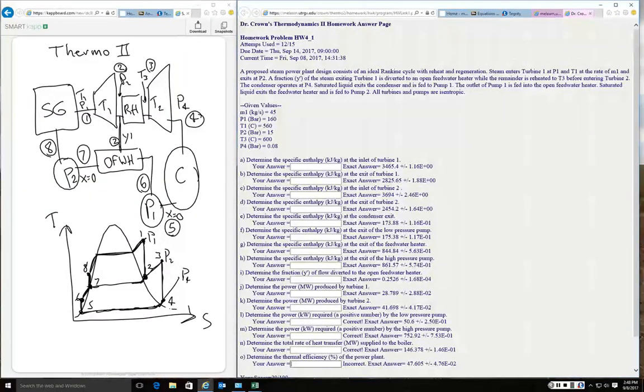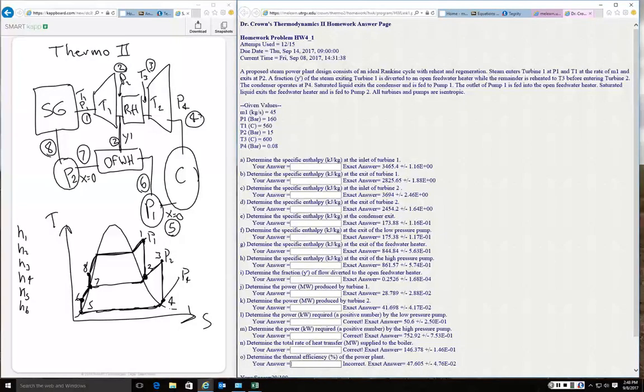So for turbine 1, I'm going to need H1 and H2. For the reheat, H2 and H3. For turbine 2, H3 and H4. For pump 1, H5 and H6.